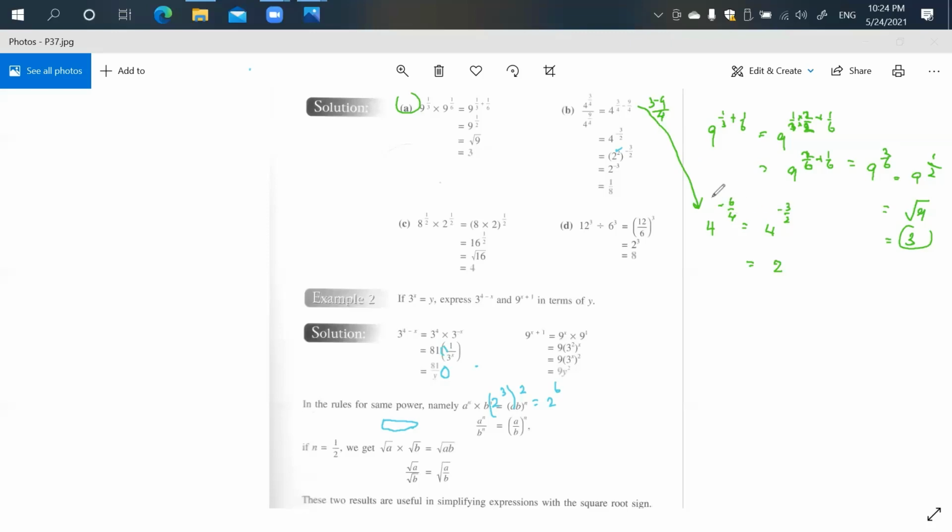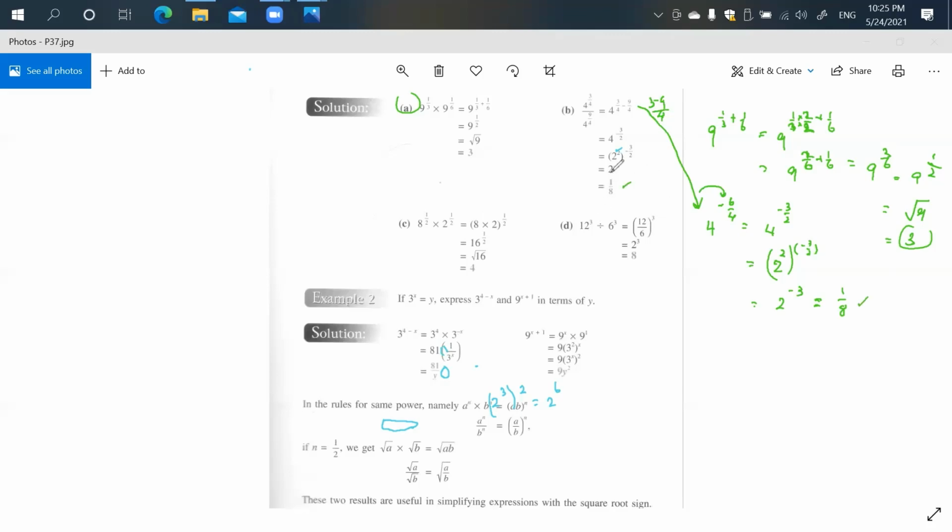Make it lowest terms: 4 and 6 reduce by 2, so the index is negative 3 over 2. So you have 2 to the power of negative 3. Bring it down from the formula and it becomes 1 over 8, because 2 to the power of 3 is 8. So that's the answer.